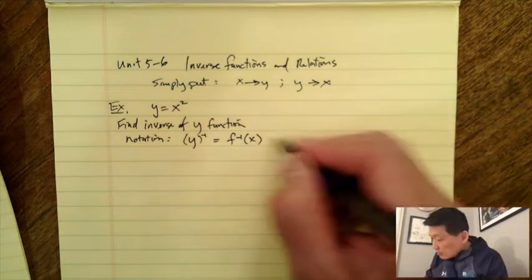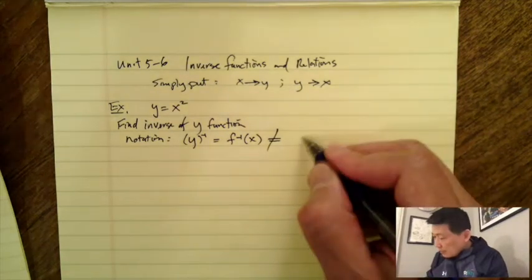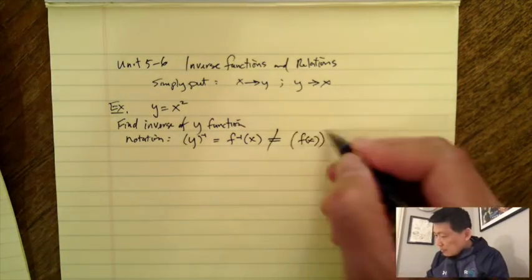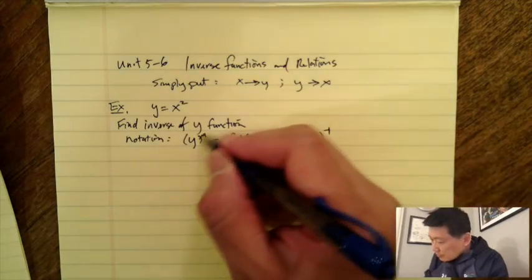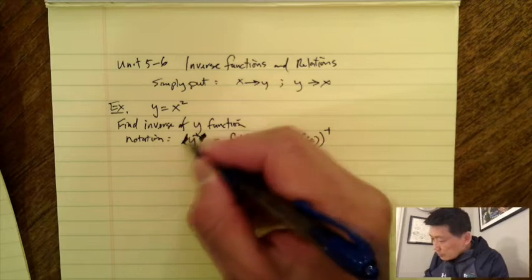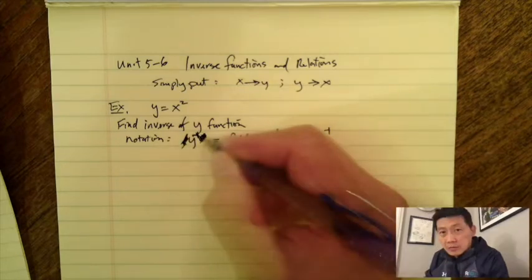Now this is not the same as f of x to the negative 1 power. Actually, let me take away the parentheses. I think this is too confusing, so I'll take away the parentheses over here.